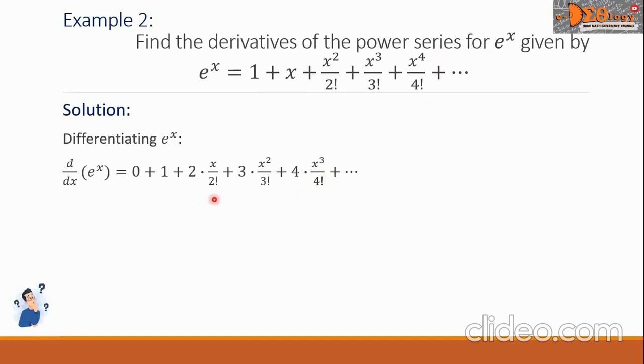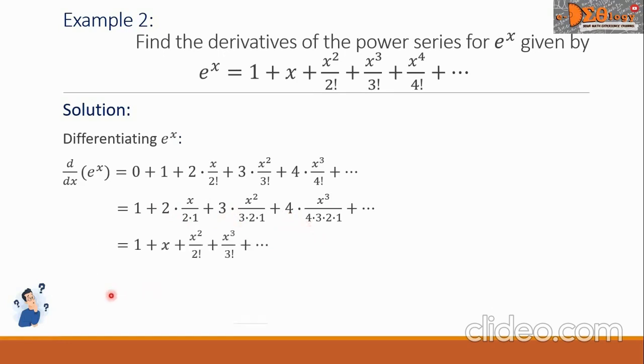We can show here that we can expand the factorials, and it will be like this. We can simplify this further by cancellation of these 2 and these 2 in the denominator, this 3 and the number 3 in the denominator, and this number 4 and the 4 in the denominator respectively.